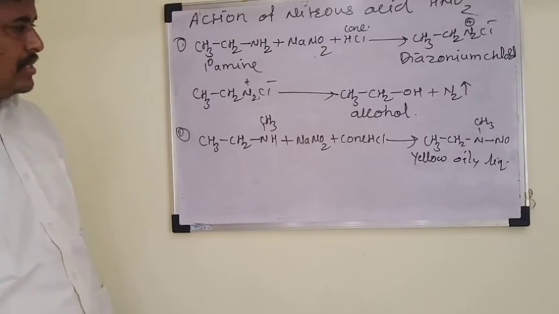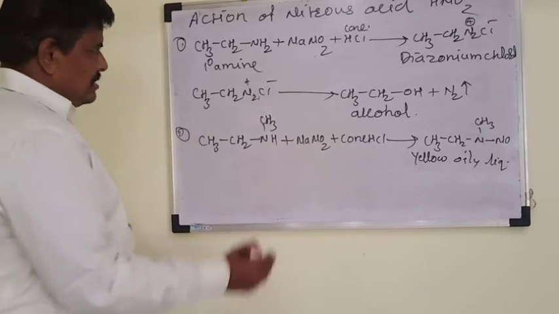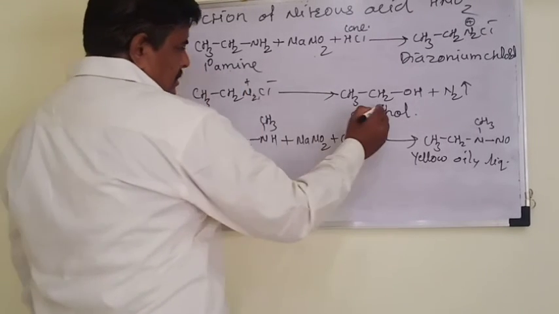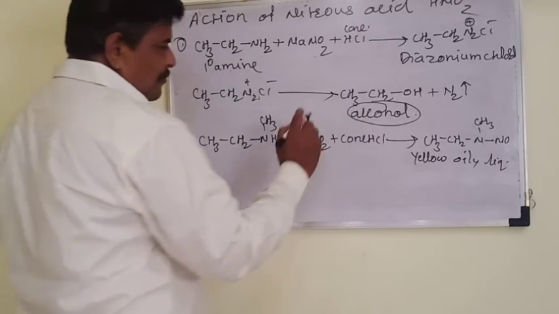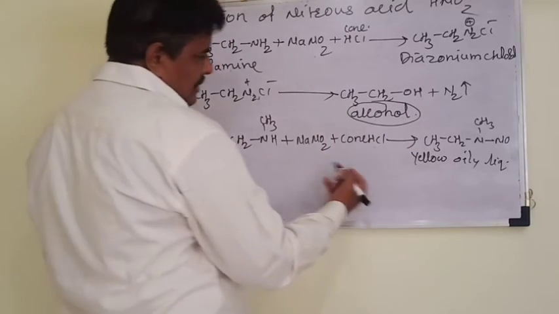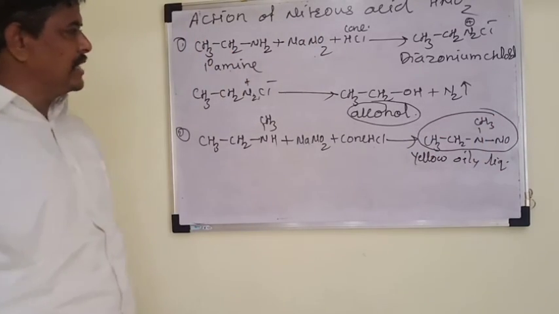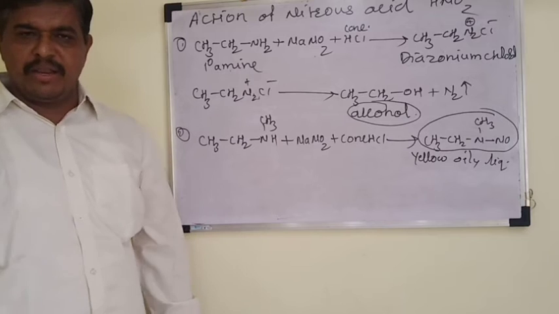So we can distinguish primary and secondary amine by using nitrous acid, because primary amine reacts with nitrous acid to form alcohol, while secondary amine reacts with nitrous acid to form a yellow oily liquid. So we can distinguish primary and secondary amine.